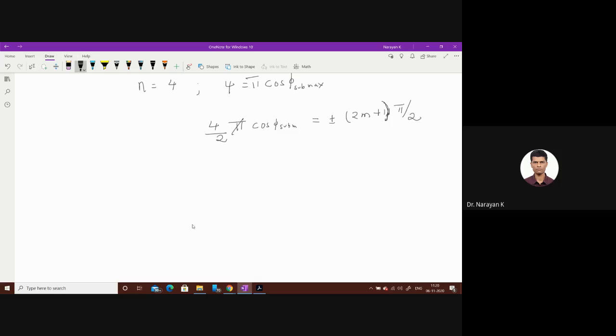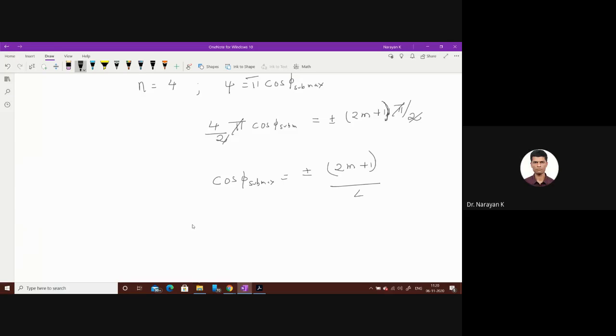So this pi will get cancelled. This 2 will get cancelled. So you will have cos of phi of subsidiary maximum is equal to plus minus 2m plus 1 divided by 4.